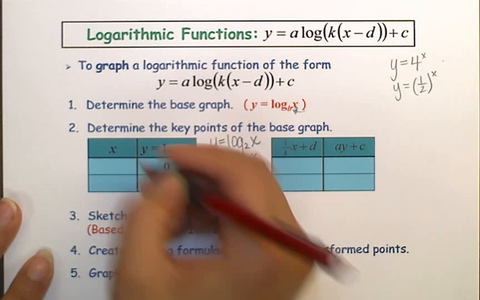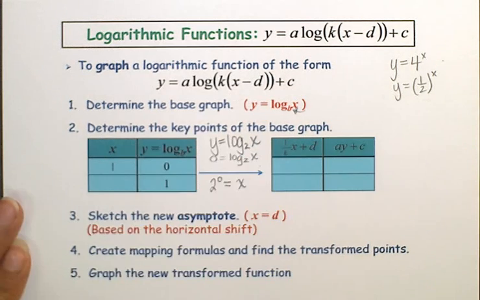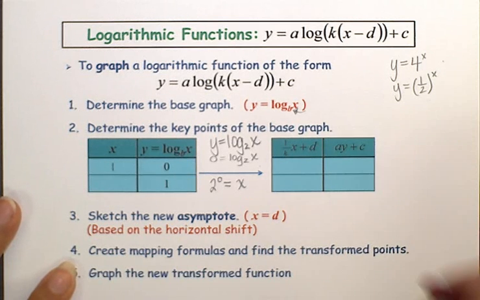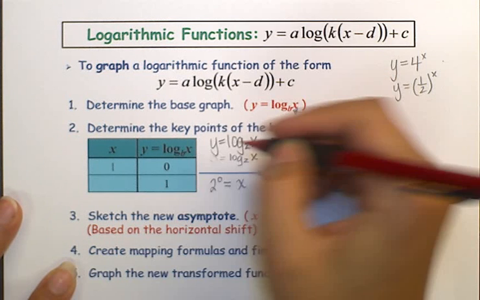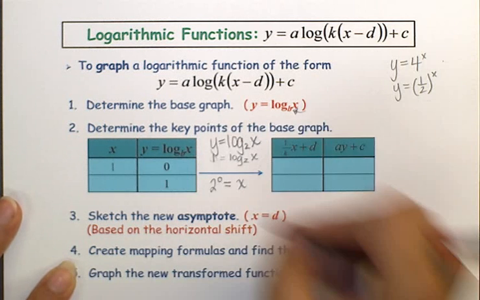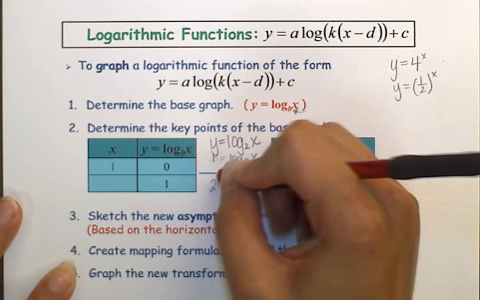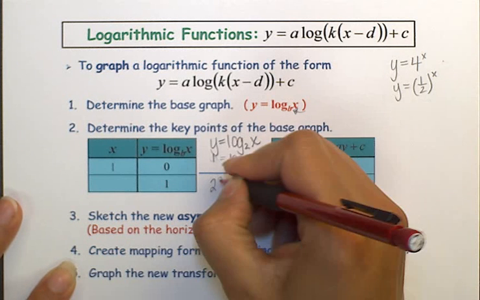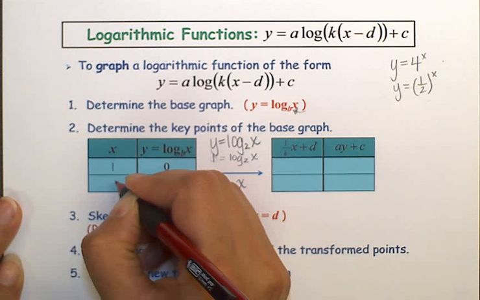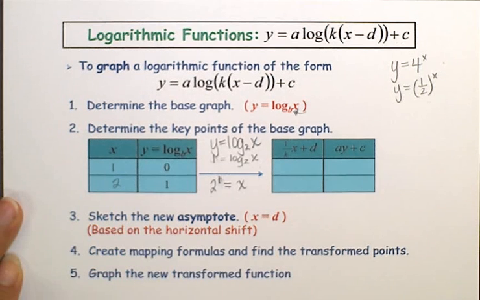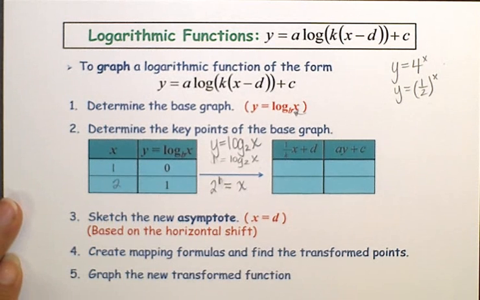So in this case, my x value would be 1. Okay? If I was trying to figure out what value of x would make the y value or the exponent 1, what that would mean is I have 2 to the exponent 1 equals x. And so I know 2 to the exponent 1 is equal to 2. So here's my key points if I was looking at a logarithmic function with a base of 2.